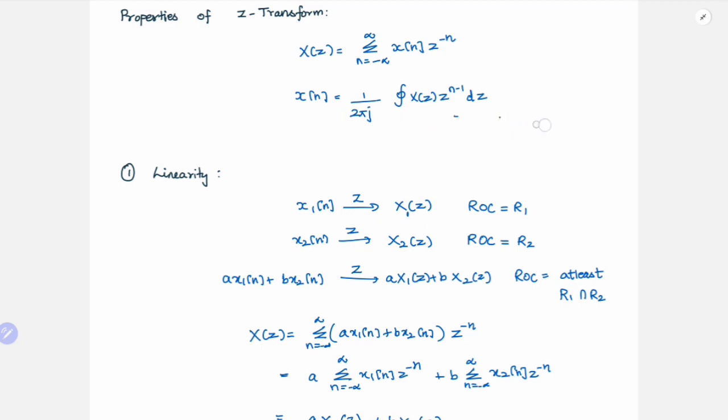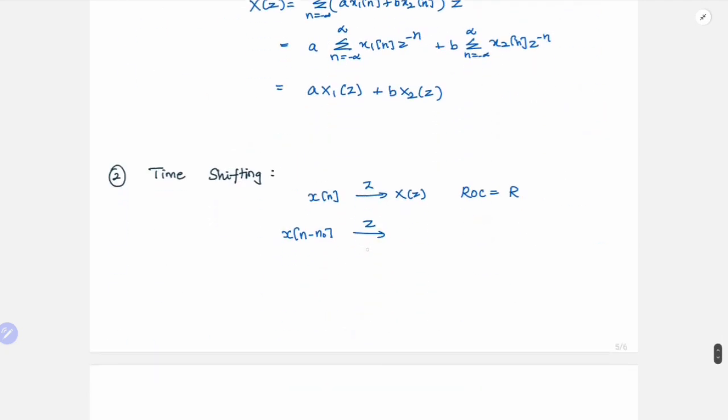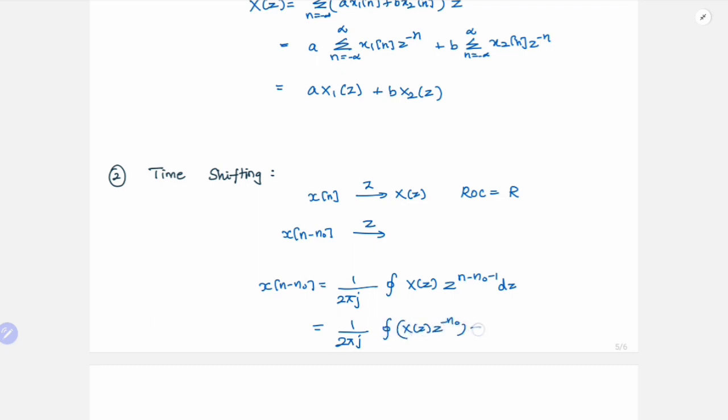So I'll write it down. So x of n minus n naught is equal to 1 over 2 pi j closed integral x of z, z power n minus n naught minus 1 dz. So this is nothing but 1 over 2 pi j integral x of z, z power minus n naught into z power n minus 1 dz. So this will be your z transform of x of n minus n naught.